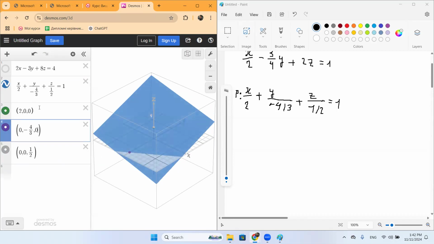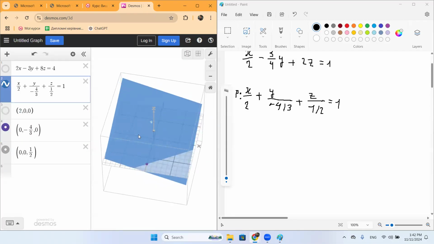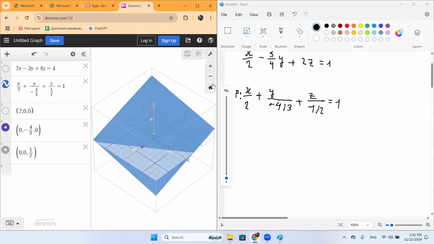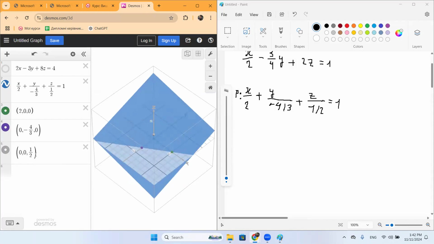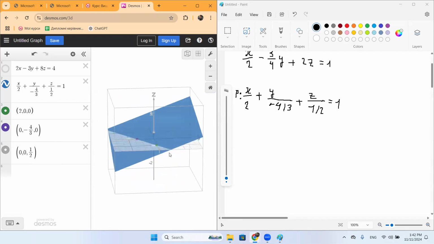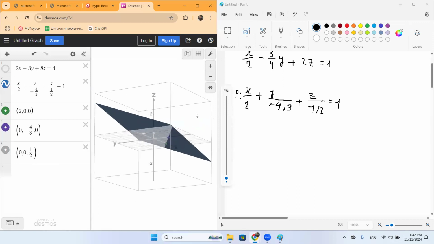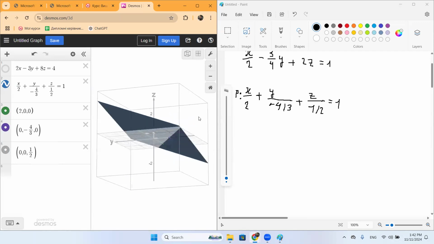Oh, by the way, where is the x-intercept? So here are the intercepts with the coordinate planes. And as we can see, everything is correct.